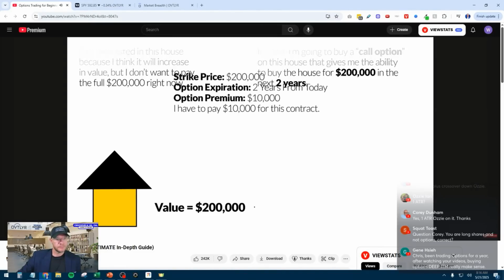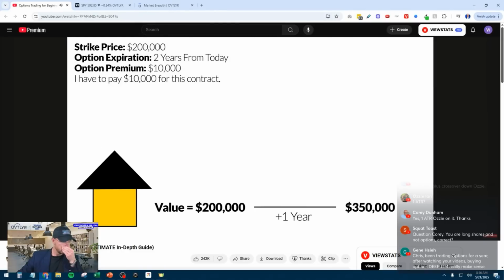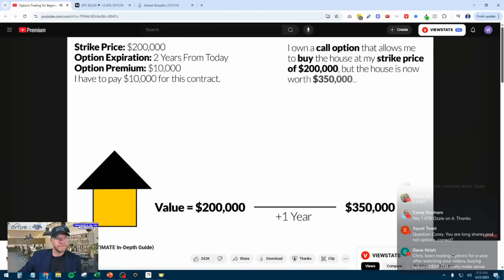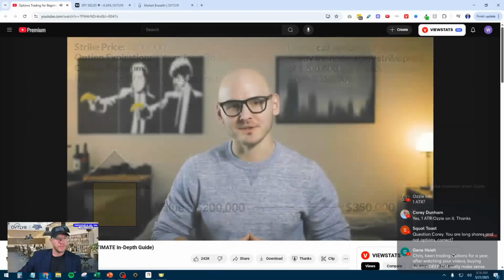Now let's say that 1 year from now, the house is valued at $350,000. I have possession of a financial contract that gives me the right to purchase that house for $200,000. And with the house currently valued at $350,000, what do you think that means for the value of the financial contract that I have, which is called an option? Well, as you might imagine, since I can buy the house for $200,000, but the house is currently valued at $350,000, the option is immensely valuable.